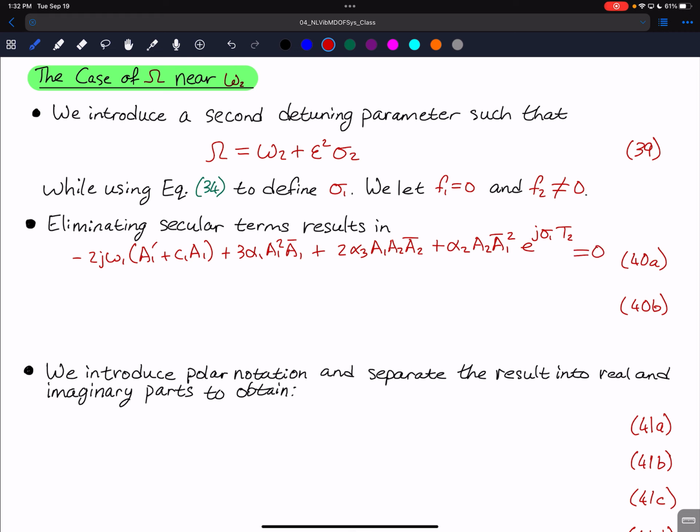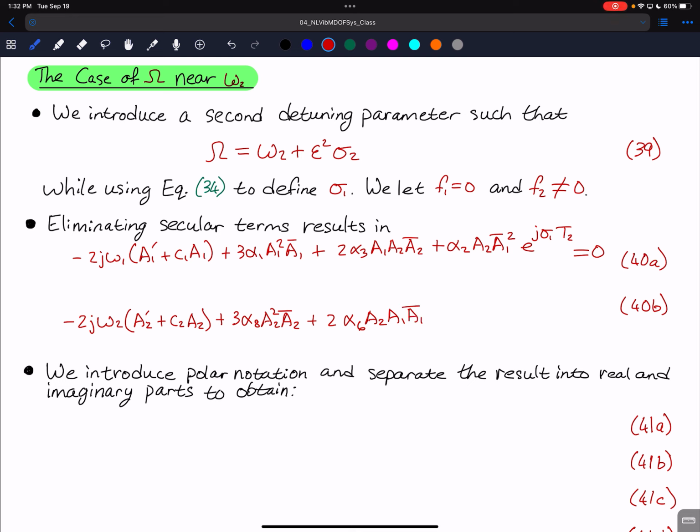And our second equation is minus 2j omega 2 times a2 prime plus c2 a2 plus 3 alpha 8 a2 squared times a2 bar plus 2 alpha 6 a2 a1 a1 bar.